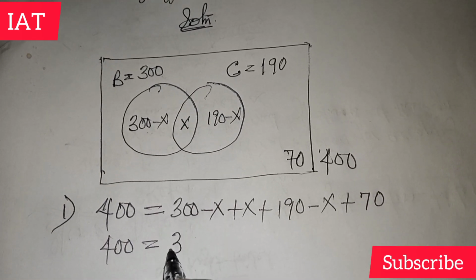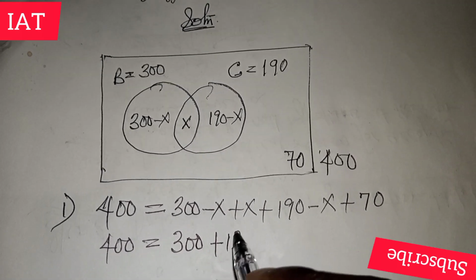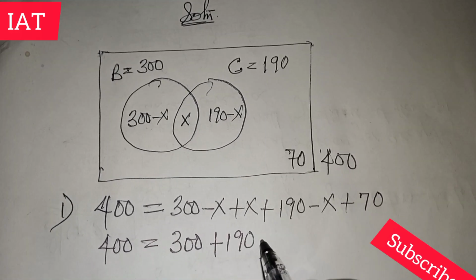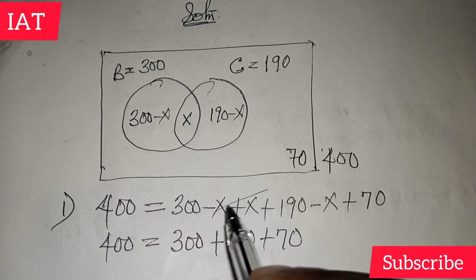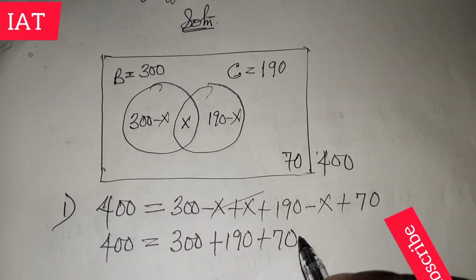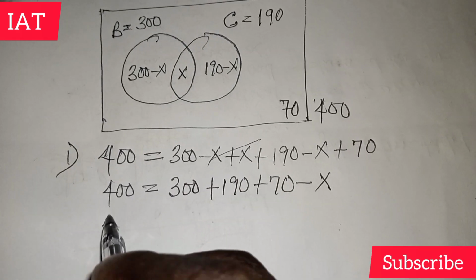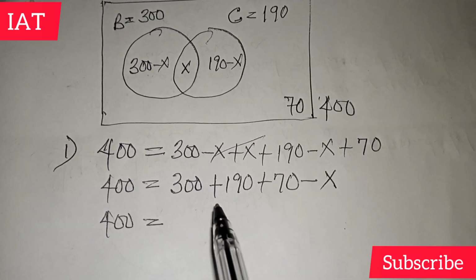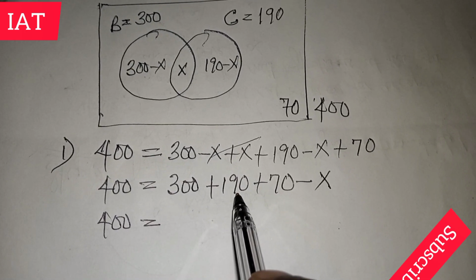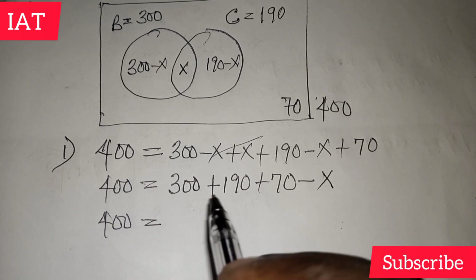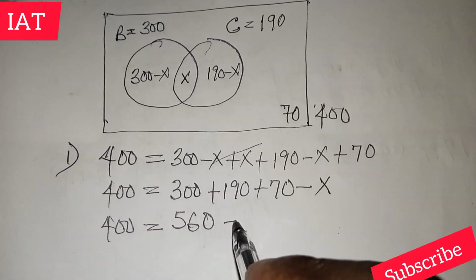We have 300, the like terms 190, and also 70. Keep in mind that minus X plus X evaluates to 0, so we have just minus X left in the system. So 400 will be equal to 300 plus 190, which gives 490, plus 70, which is 560, minus X.